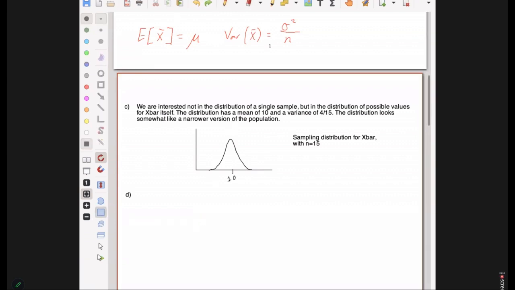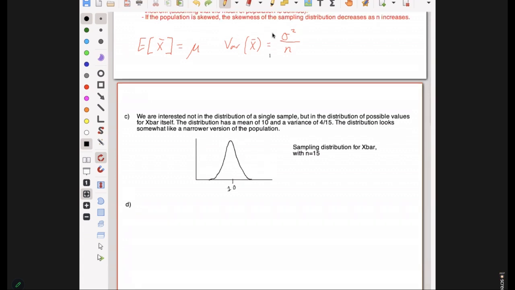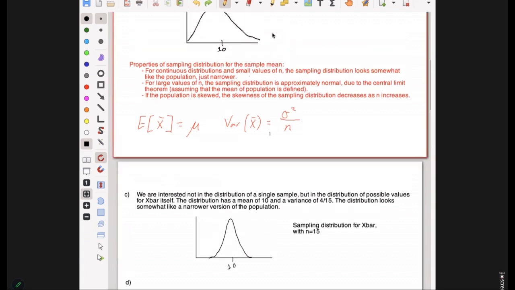Because if this is our sampling distribution, you can think of all of our possible values of X bar if I take a whole bunch of samples from my population. All those possible samples, I look at their sample means. That gives me the sampling distribution. And the variance I said was 4 over 15.